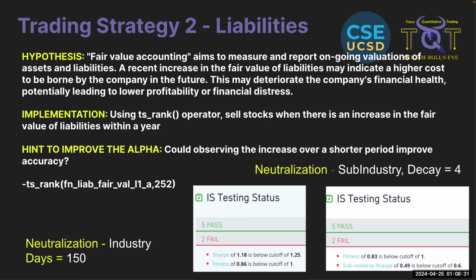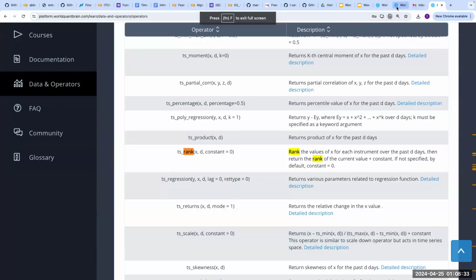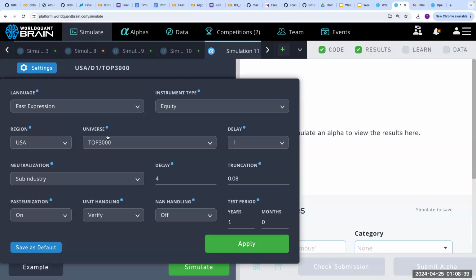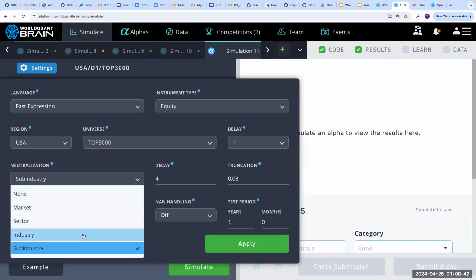In the alphas that you create, you can create the setting. If you go on settings, you can see neutralization. You can choose which one you want to trade on. If you are very specifically considering that this strategy is applicable to only a specific industry, then you should choose sub industry or industry. And if you are thinking that it's a general point, like the alpha we just talked about, which was about loans, right?